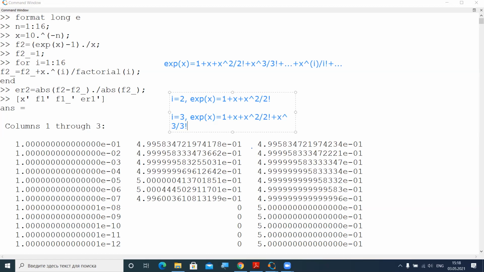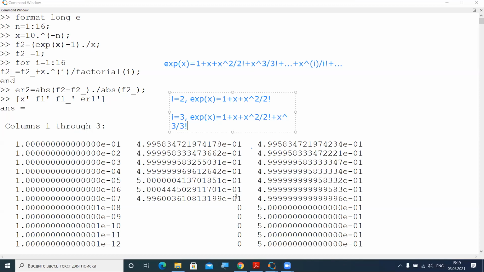But we need to, this is not a new function. We need to subtract 1 and divide by x also here. This is the Taylor polynomial for e to the power of x, but we will subtract and divide by it.